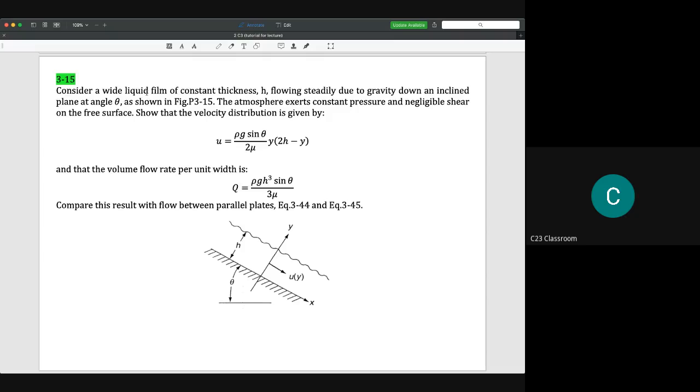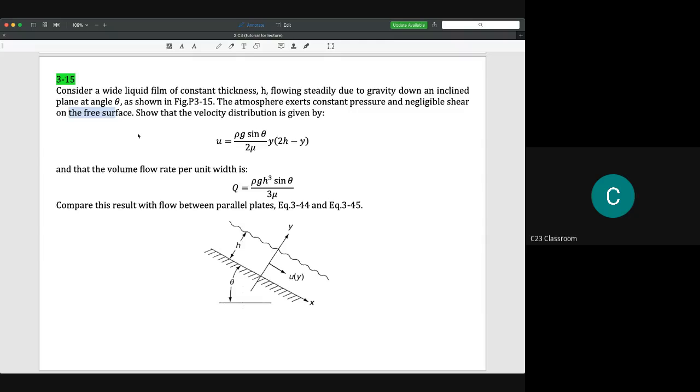Consider a wide liquid film of constant thickness h flowing steadily due to gravity down an inclined plane at angle theta, as shown in this diagram. The atmosphere exerts constant pressure and negligible shear on the free surface.